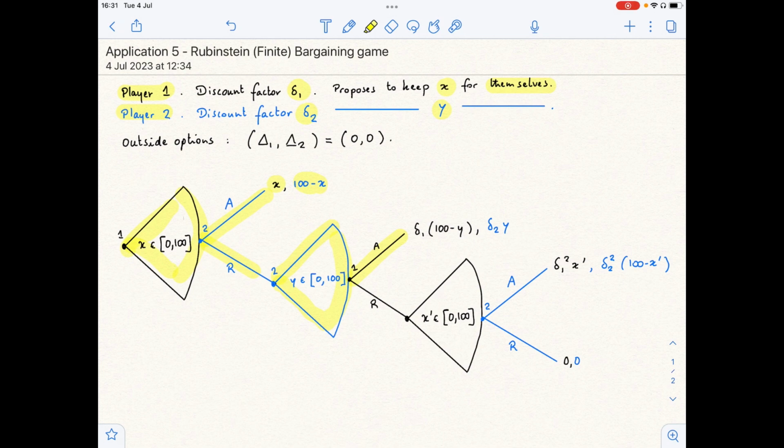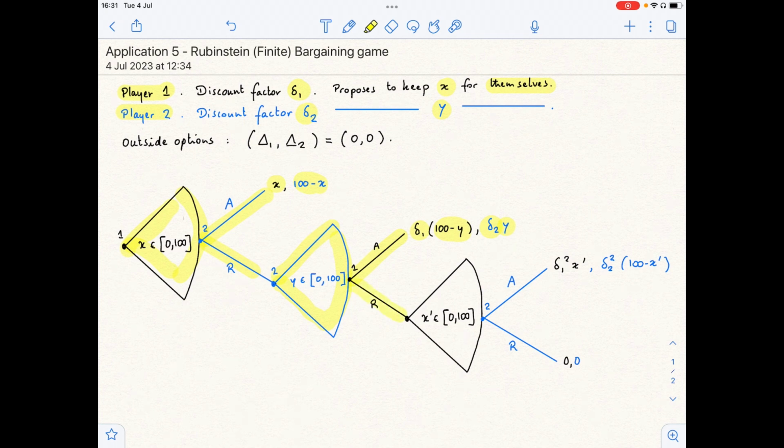So if player 1 accepts, player 2 gets their proposal of Y discounted by the multiplicative discount factor delta 2 to kind of illustrate the fact that people do not like to bargain, and they would rather agree earlier rather than later, and they don't like to spend time bargaining. You can think of legal fees, of just the intertemporal value of money, but we have this discount factor, and so player 1 would get 100 minus Y multiplied by their own discount factor of delta 1.